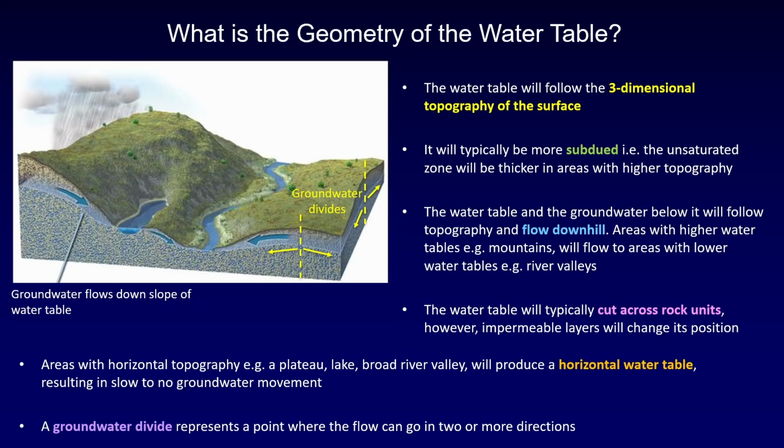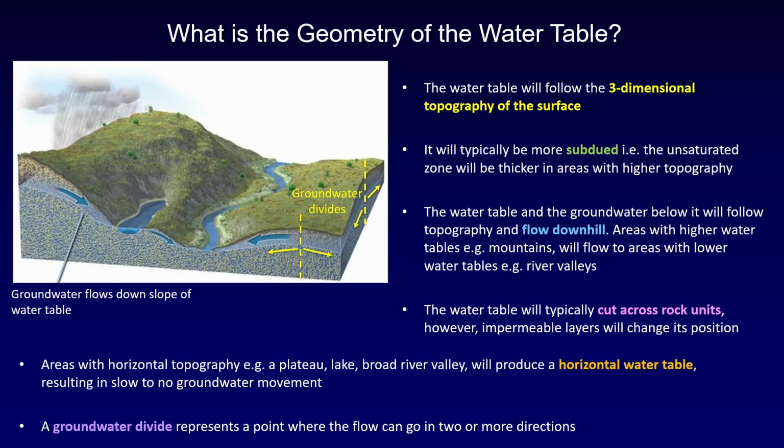If, however, you have a sequence of rocks that have been deformed, so let's say there's a big fold in the middle of your sequence of rocks, that's going to be a problem, because as the layer of rock containing the groundwater approaches the fold, the geometry, the angle and orientation of that piece of rock is going to change, and it may change in such a way that it stops the groundwater flow from going any further, in which case your groundwater flow is stopped. So those are the three variables that are going to affect groundwater flow.